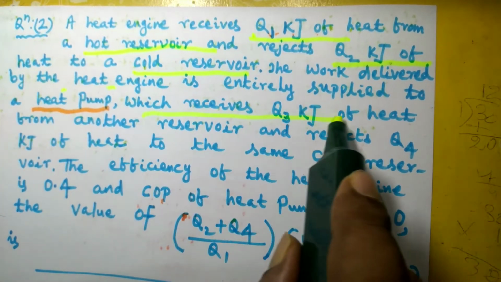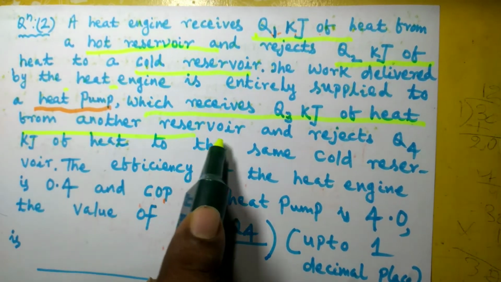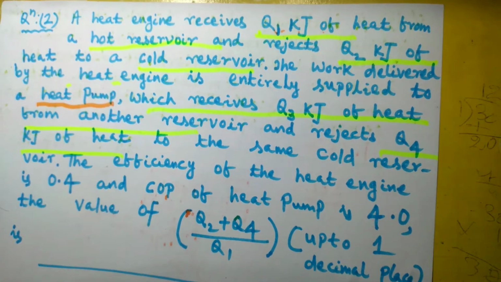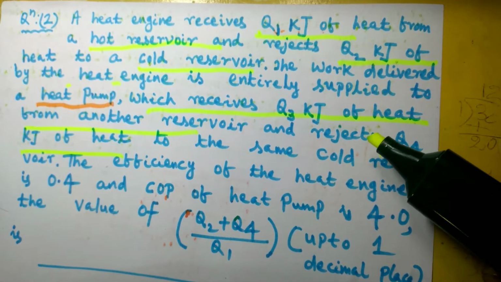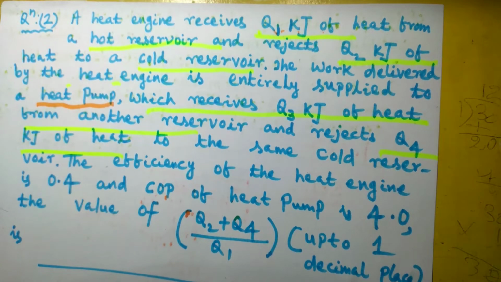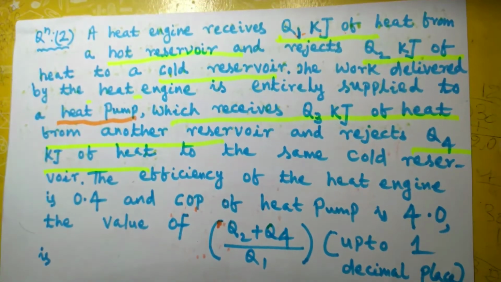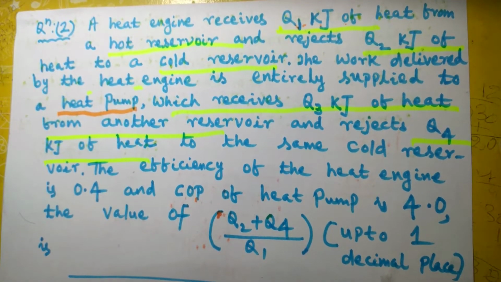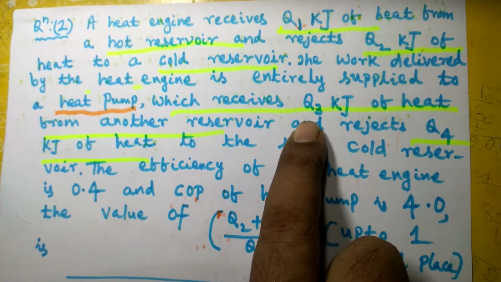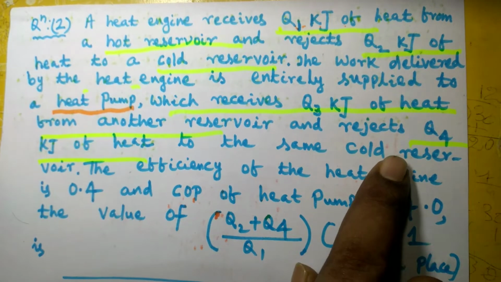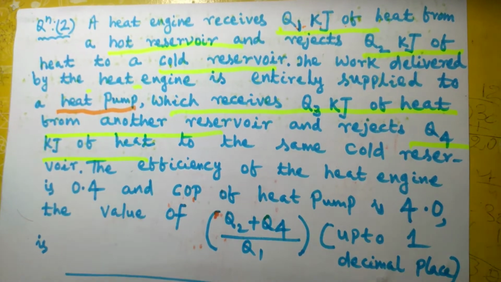Refrigerator and heat pump always transfer heat from a low temperature to a high temperature reservoir. So the temperature at which Q3 is absorbed will definitely be less than the temperature at which it rejects Q4 kilojoule of heat.